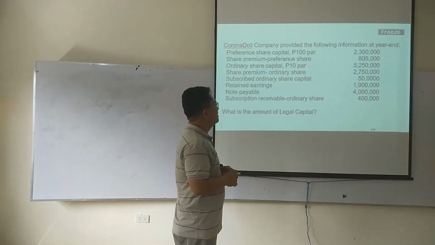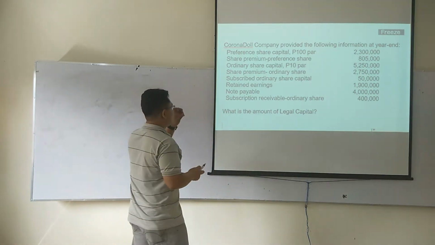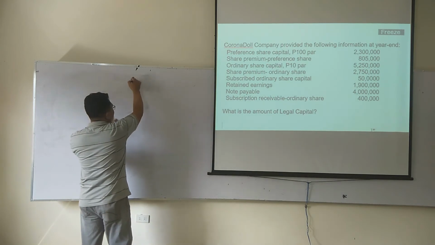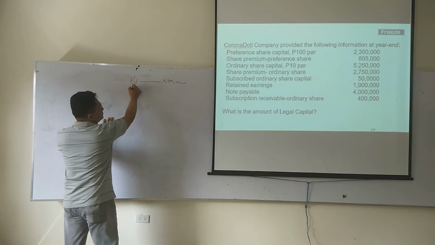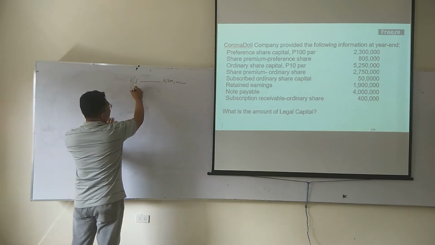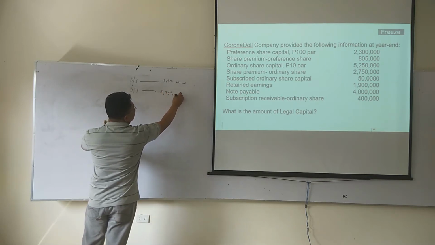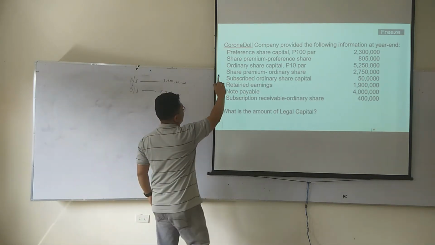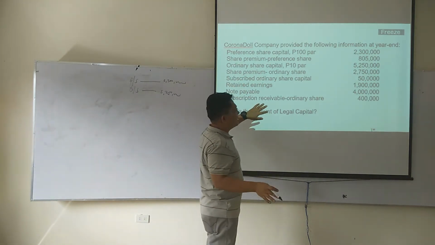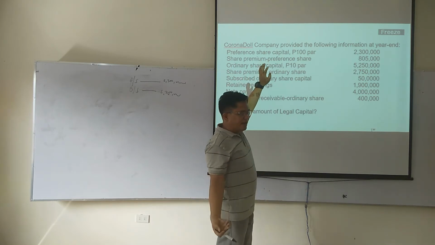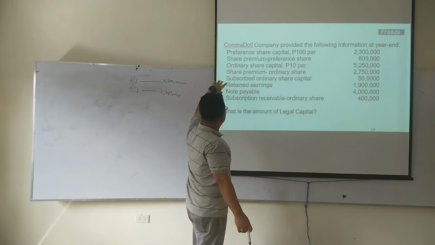In this case, Coronadal has par value for its stock. So we will just take the par values of preference shares, 2,300,000. Then you have ordinary shares, which is 5,250,000. Share premium, the excess over par, is not counted as legal capital for stocks with par value, so share premium here is out.